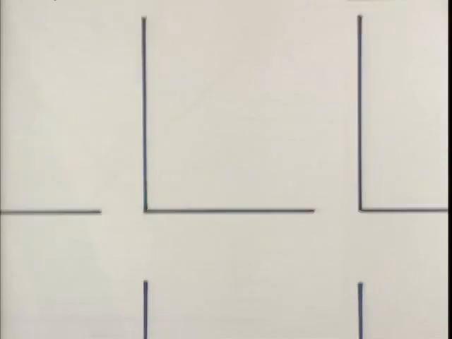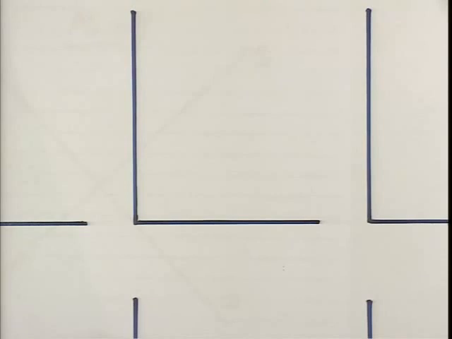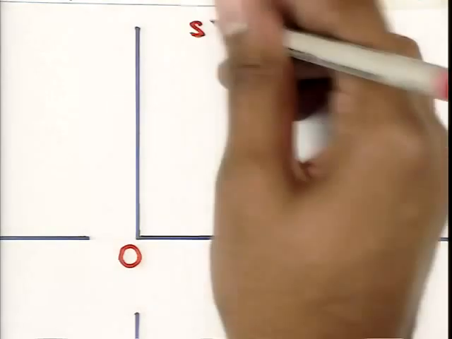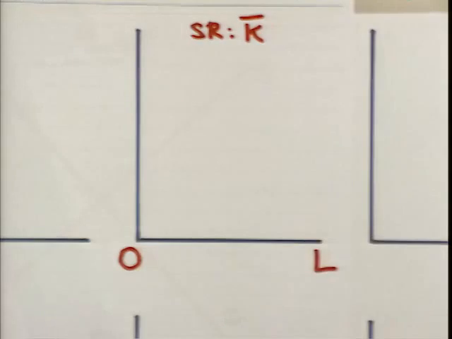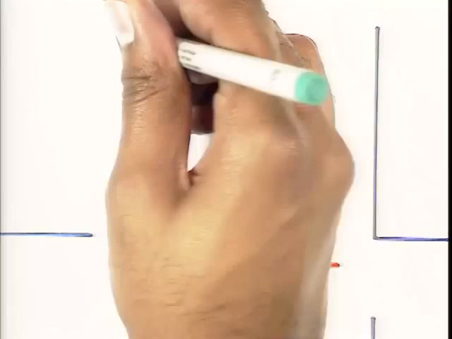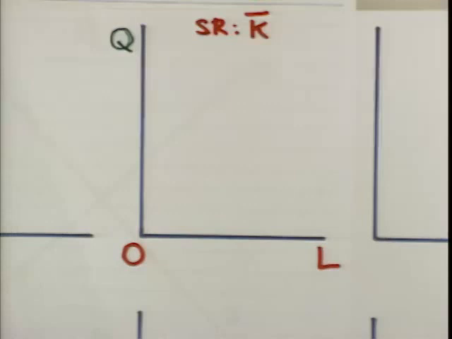In the short run, at least one resource is fixed, all other resources are variable. The simplest assumption is assume that capital is fixed, but labor can be varied. As I increase my labor, my output will begin to increase.